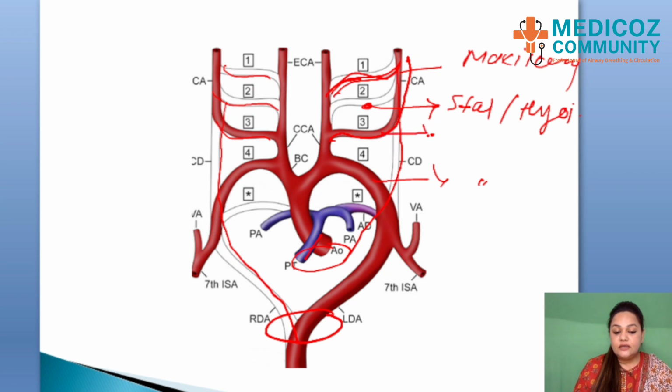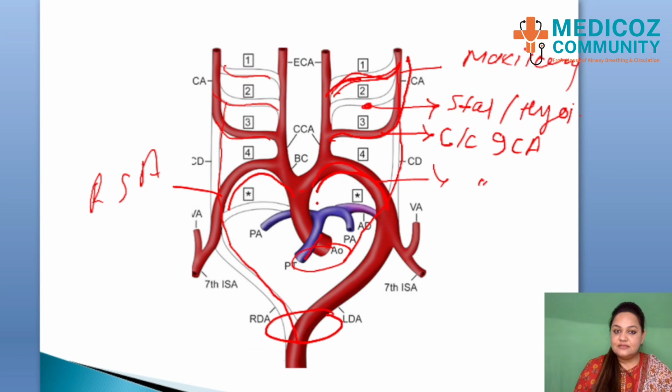So the third arch artery gives rise to the common carotid and the internal carotid artery. The fourth arch artery, now you can see we have different derivatives of fourth arch arteries on the right and the left side. On the left side, it is forming the arch of aorta, and on the right side, it is forming the right subclavian artery.